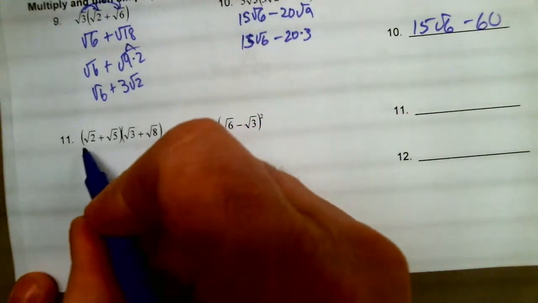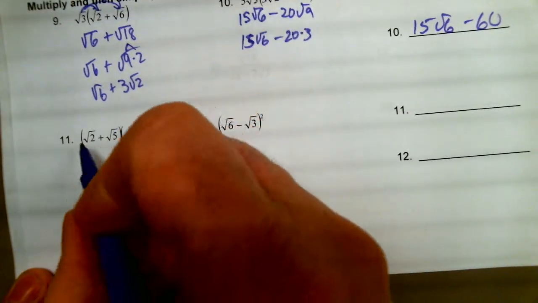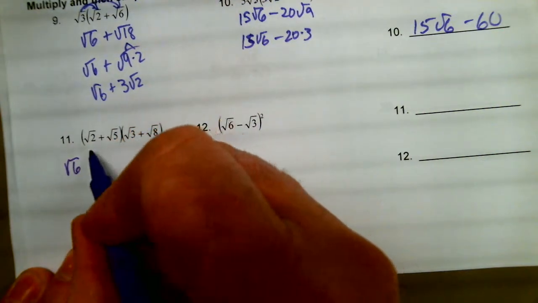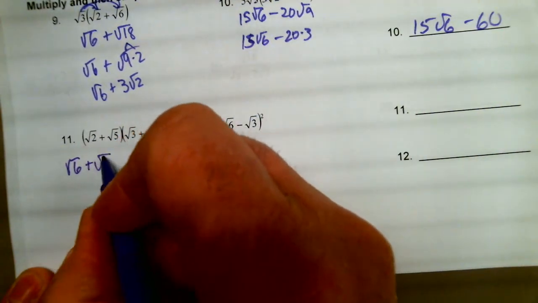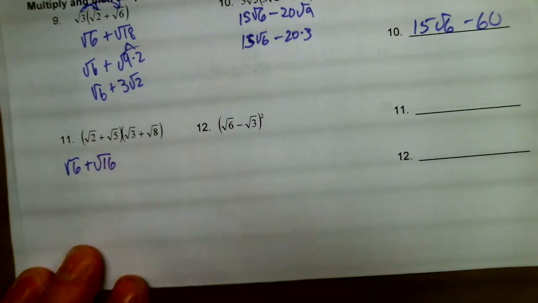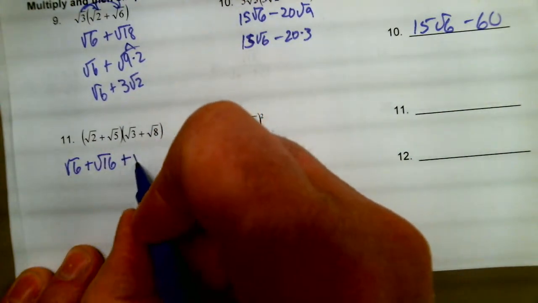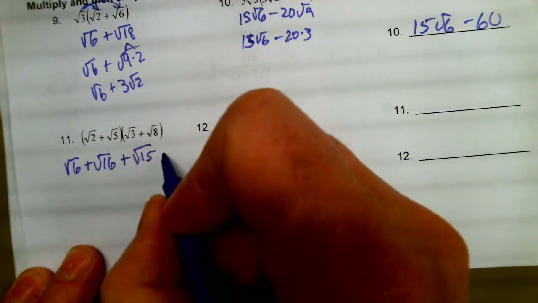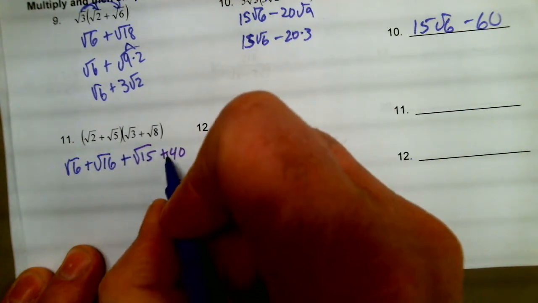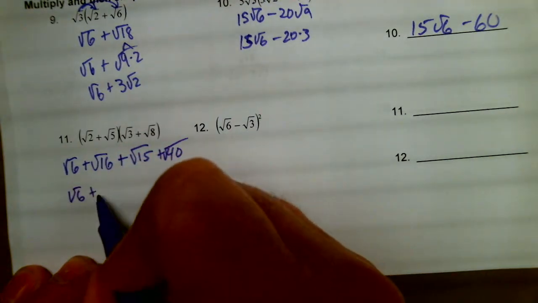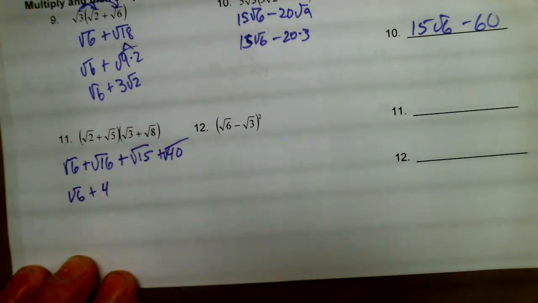Number 11. Because we have binomial times binomial, we're going to FOIL. First times first gives me the square root of 6. Outside times outside gives me the square root of 16. I recognize that. I'm going to simplify it in my next step. Square root of 15 and square root of 40. Well, the square root of 6 doesn't simplify, but the square root of 16 we recognize as being 4.